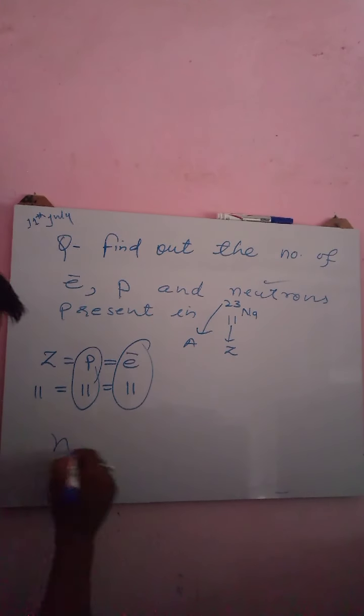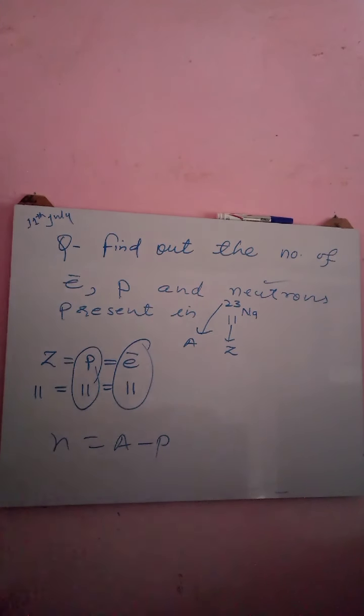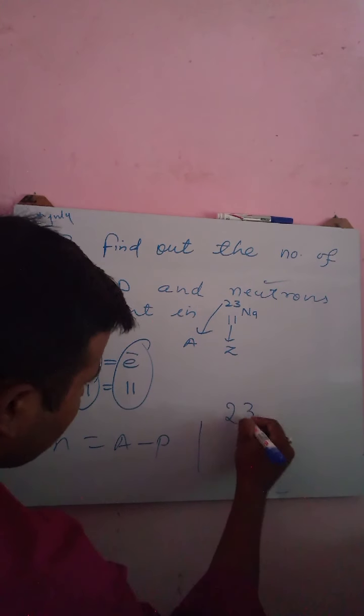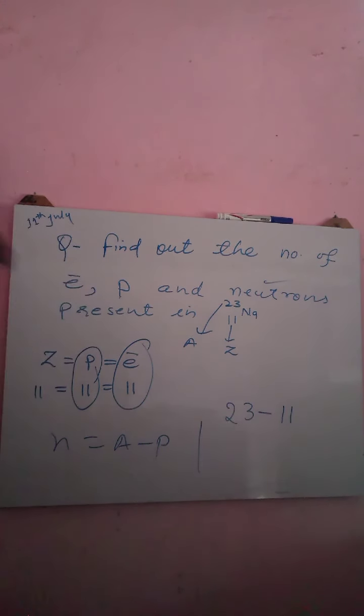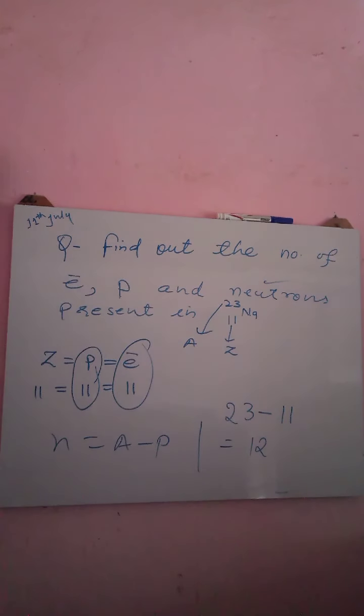N is equal to A minus P, which is 23 minus 11. So the number of neutrons in the sodium atom is 12.